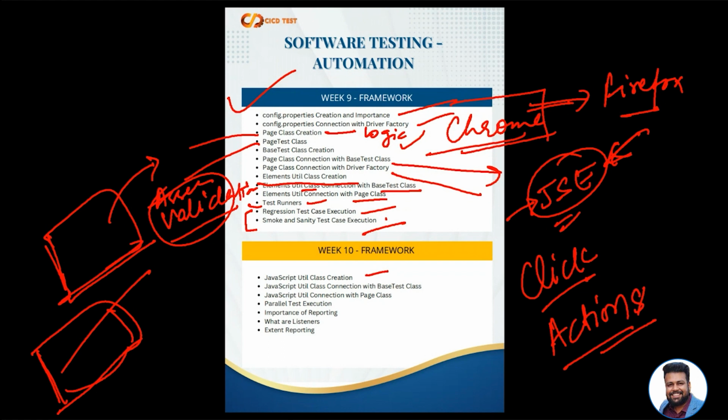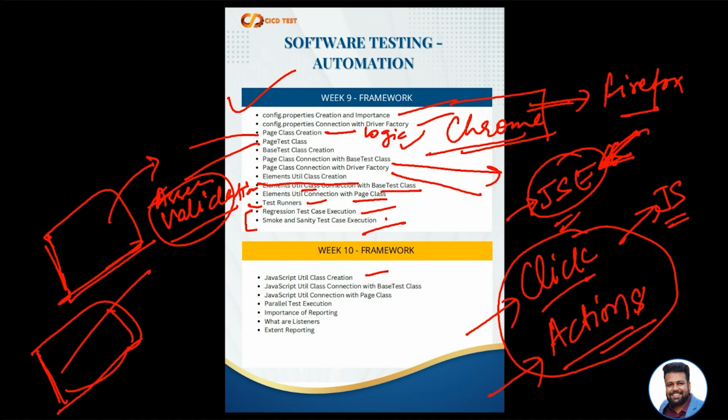But many times, after JS sites like React JS and Angular JS came up, some web elements are difficult to interact with. Even if you use click and the Actions class, you will not be able to interact with those web elements. At that moment, the final resort is JS executor. This will always work. So we are going to create a utility for this as well.